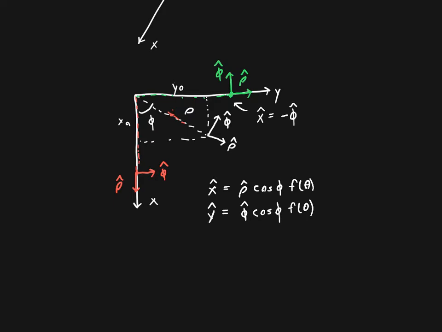So we wrote that x is a function of rho hat, but it's also a function of phi hat. So it's equal to rho hat times cosine phi times some function of theta minus phi hat. And what function do we know where, when phi is 90 degrees, the dependence on phi is equal to 1? Well, that's just sine phi.